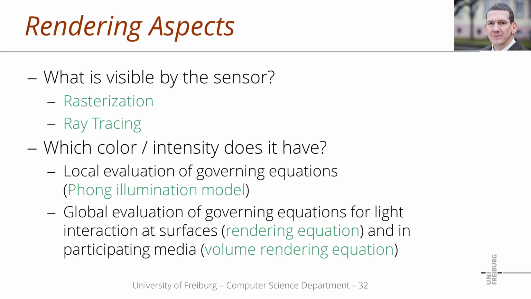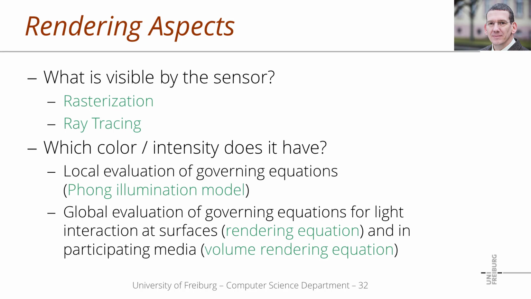Based on the materials of surfaces and based on the light source setting, the rendering equation describes which portion of the incoming light is reflected into which direction. So the rendering equation is evaluated to estimate how much light is transported from a visible surface onto the light sensor. So when we compute the color that is measured at a sensor element, then we actually compute the light transport from the scene onto this sensor element.